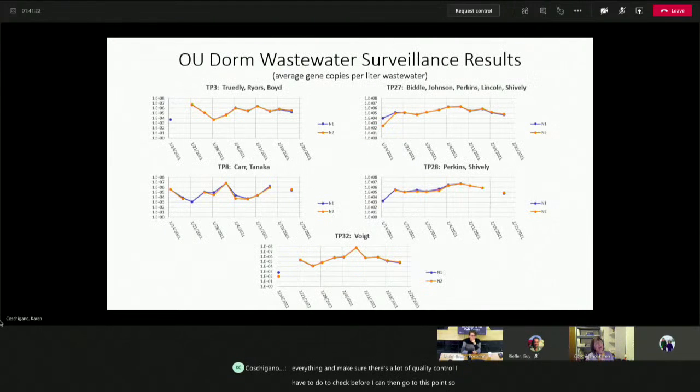So I take all that data, and all of that data gives me one little point here. So I graph them. What I'm showing you here is graphing the average gene copies per liter of wastewater.